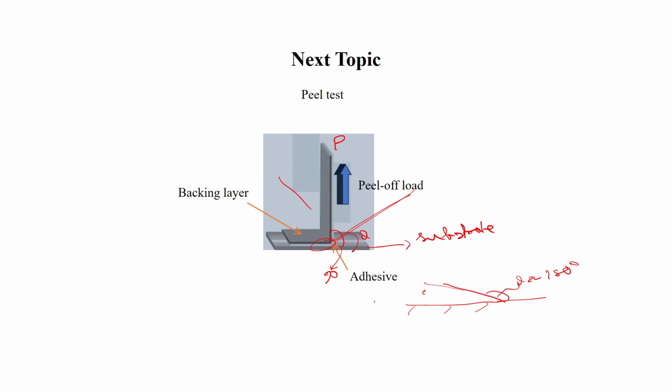This experiment is done normally at a constant rate, and the rate can be varied. We want to see, suppose I peel this particular tape from this substrate at a slow rate, what kind of peeling force will I get, and if I do it at a much higher rate, what peel force do I get.